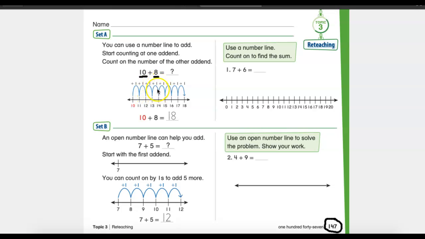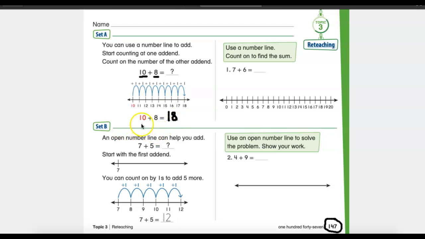So as we jump, we are jumping by 1 until we have jumped 8 places, which lands us on the number 18. Then we use our information that we found in our number line and write it into an equation. So 10 plus 8 is equal to 18.